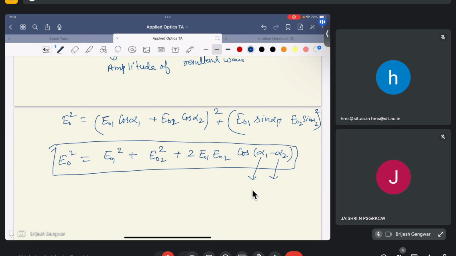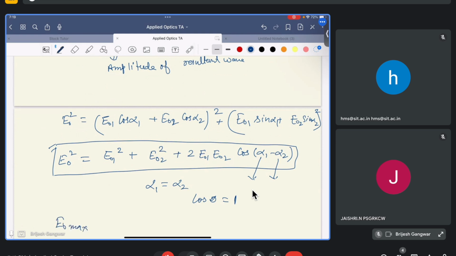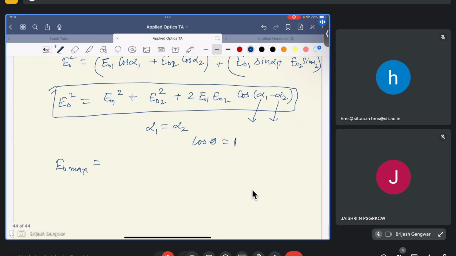Yeah. So if they are in the same phase, meaning alpha 1 equal to alpha 2, then this cos 0 equals 1. That is E0 max. And when they are out of phase, meaning the difference alpha 1 minus alpha 2 is an odd multiple of pi by 2, either pi by 2, 3 pi by 2, 5 pi by 2, like this.